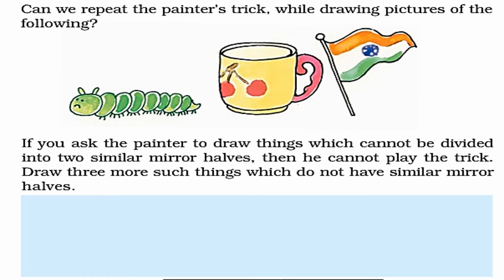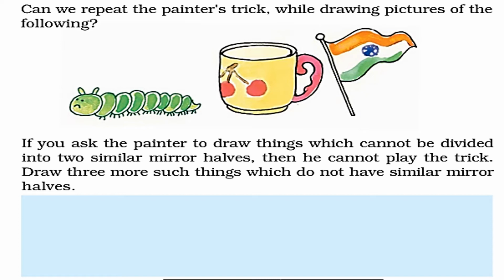Can we repeat the painter's trick while drawing pictures of the following? And in the second part, children, you have to draw three more such things which do not have similar mirror halves.